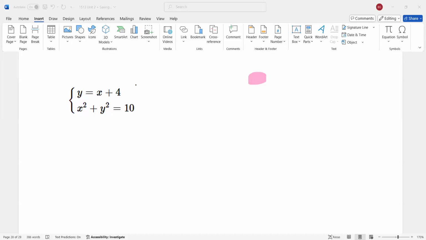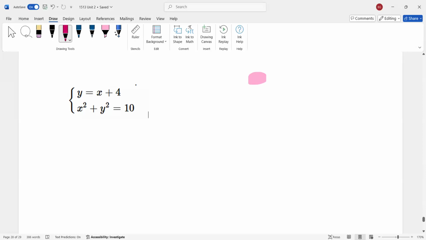All right. So for this system, we are going to apply substitution method. Only 2 methods, either substitution method or addition method. This one is very convenient if we apply substitution method because in equation 1, variable y is already in terms of x.